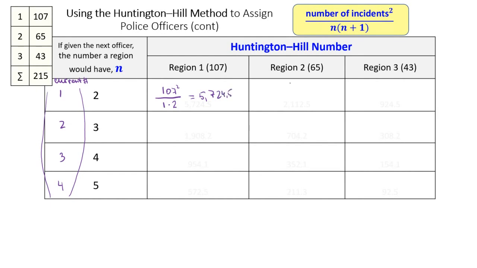5,724.5. For the next line, the numerator is the same. In every column, we have the same numerator, 107 squared, divided by current number of officers and future number of officers. 1,908.2.